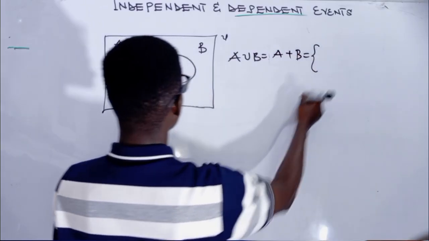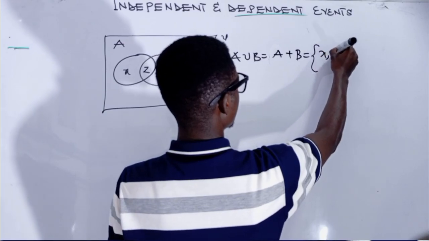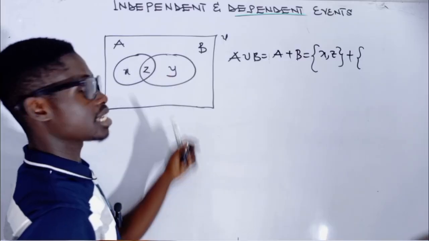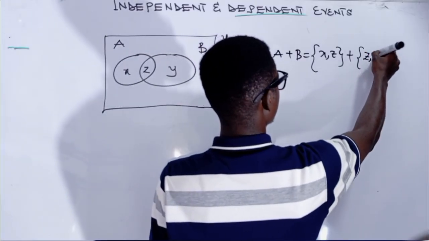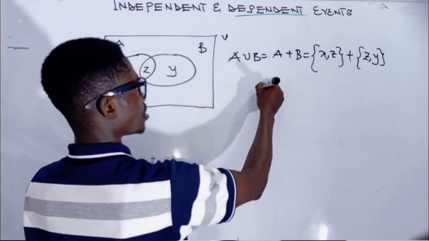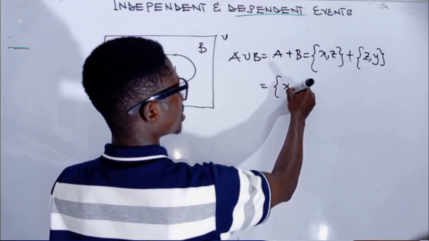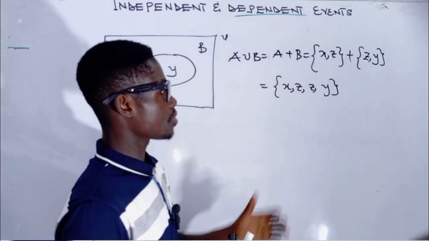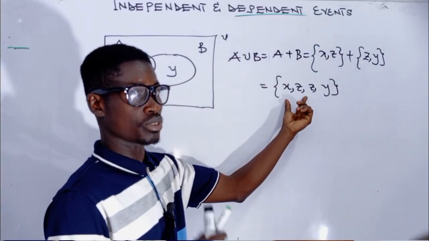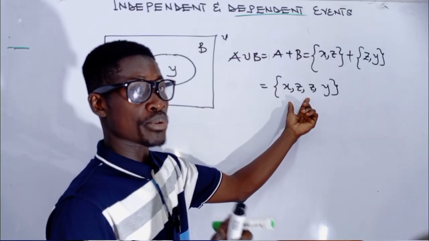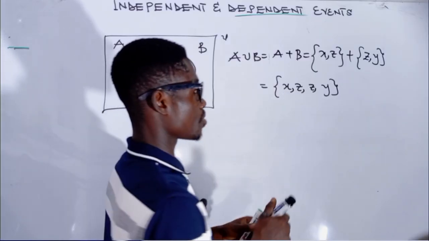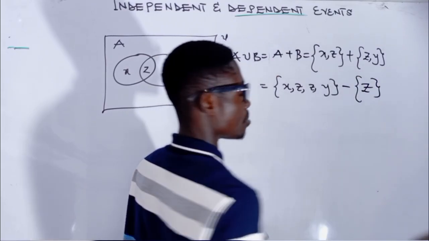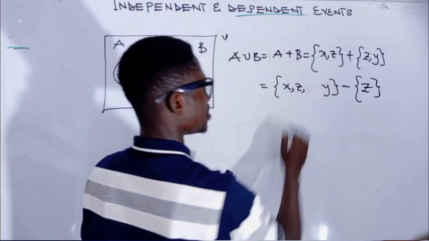In set A, we have the elements X and Z. In set B, we have Z and Y. So we have X, Z, Z, and Y. You can see that one of the elements is repeating, and that is Z. So you have to do away with one of them, by subtracting it.